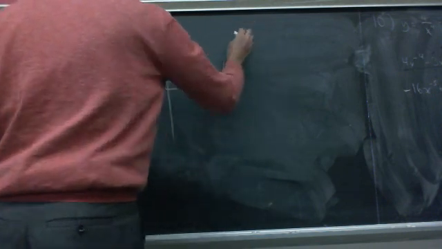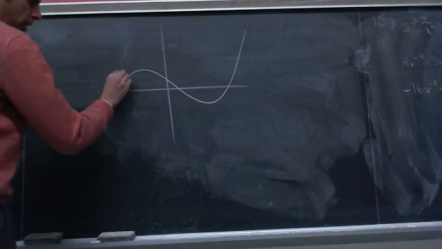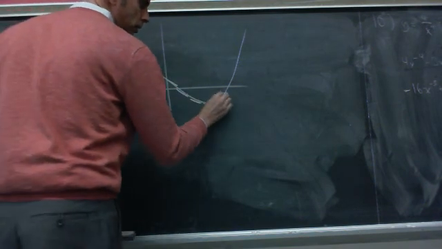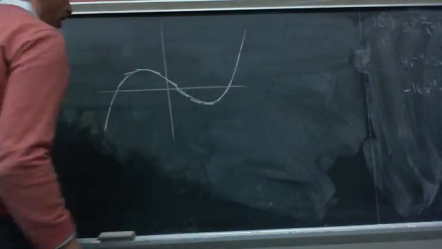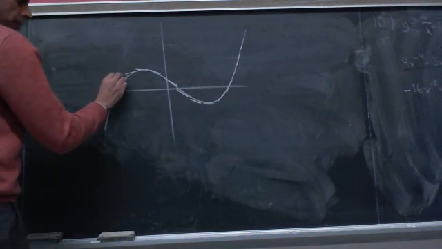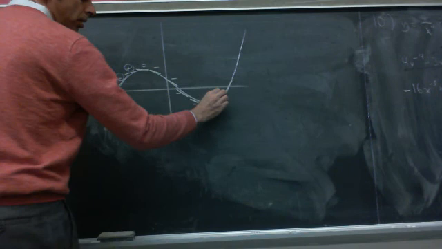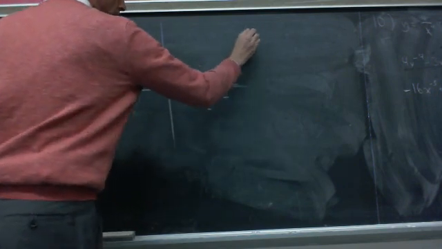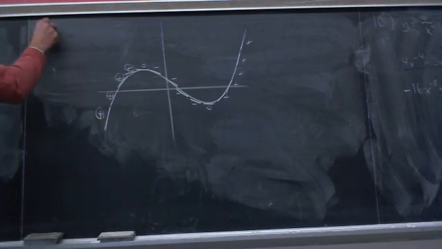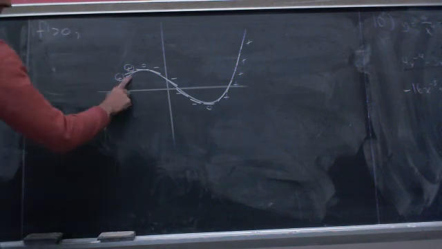If this is a sketch of f, if I draw tangents along the curve, as such, I would notice that when the slope of the tangent is positive, it's positive here, here, here, 0, negative, negative, negative, negative, 0, positive, positive, positive, positive, etc. That when the slope of the tangents are positive, that is, f prime is greater than 0, we would notice that the function f is increasing.